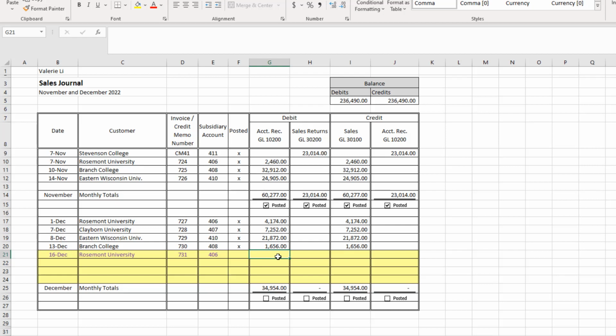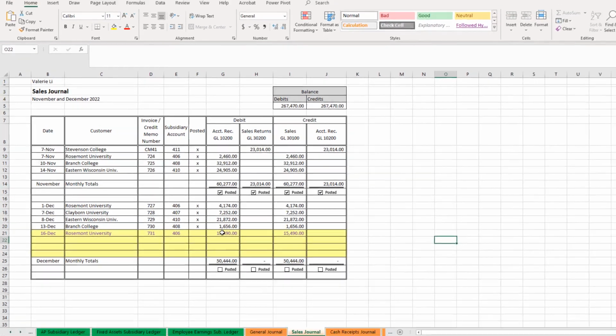The amount we're going to put in would be 15,490, and we also credit sales, general ledger account 3100, same amount, 15,490.